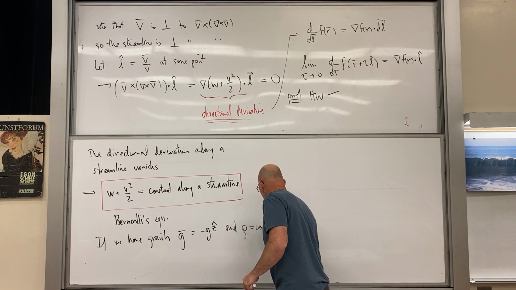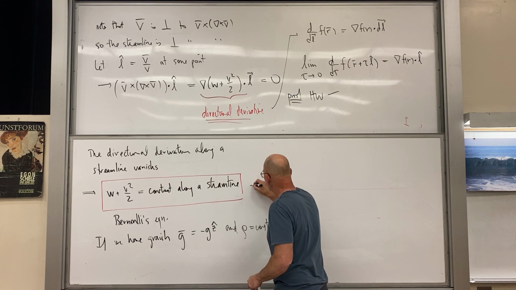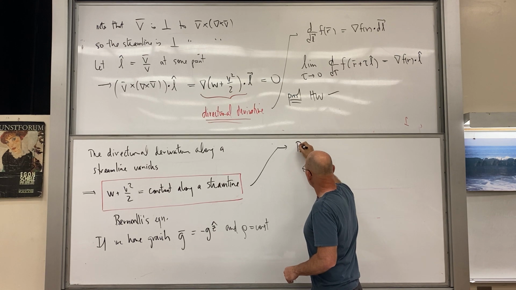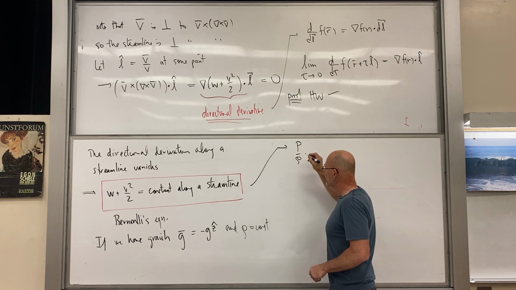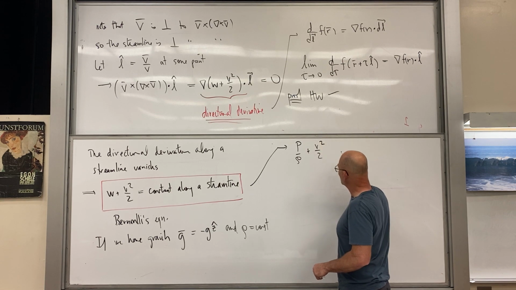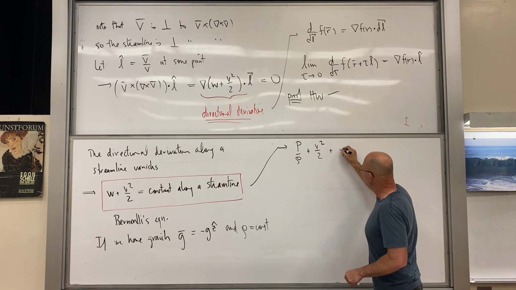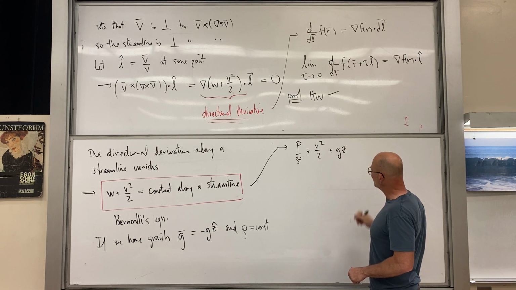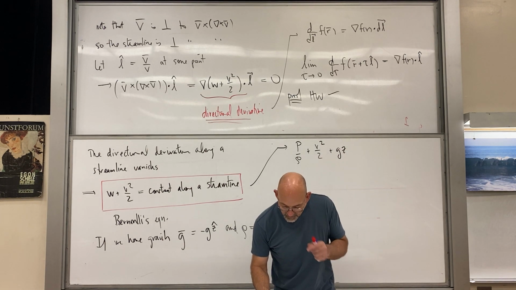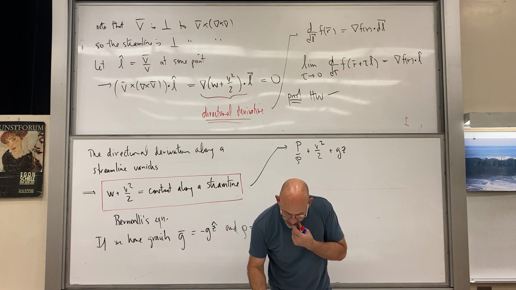And if density is constant, then we can get P over rho plus v squared over 2 plus g times z. Be careful there with the sign. No, the sign's good.